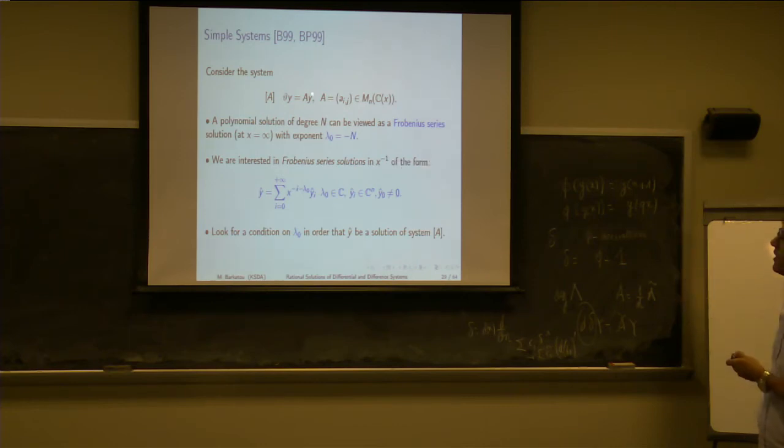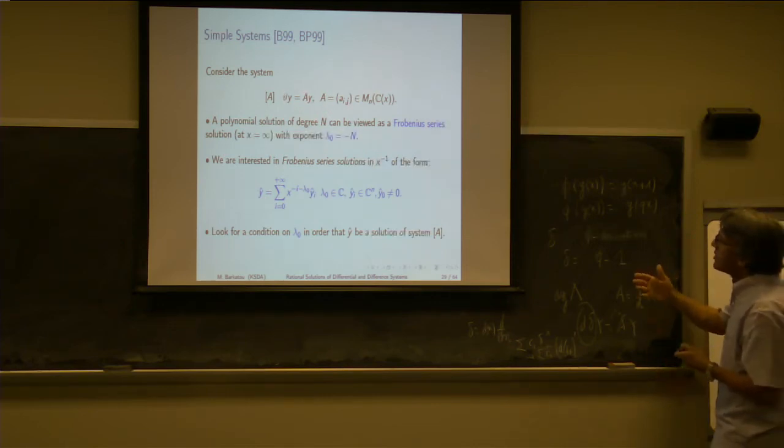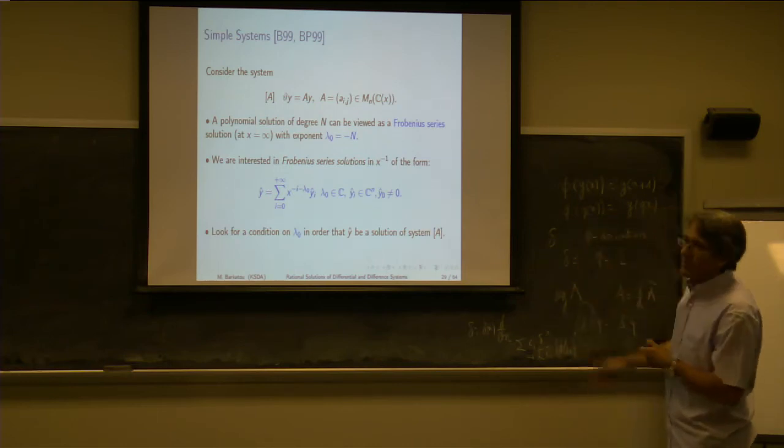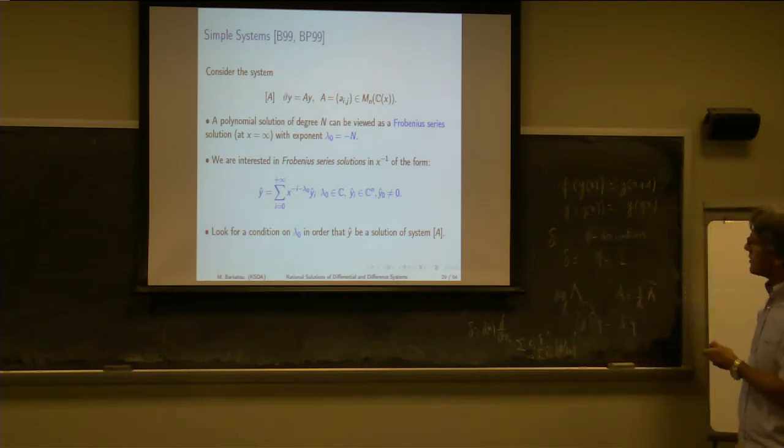Okay, this is when, for the infinity, the A is a Taylor series in 1 over x. So A is holomorphic at infinity. But in general, there is no means to get this local exponent without transforming the system, as far as I know. And this is what I propose.